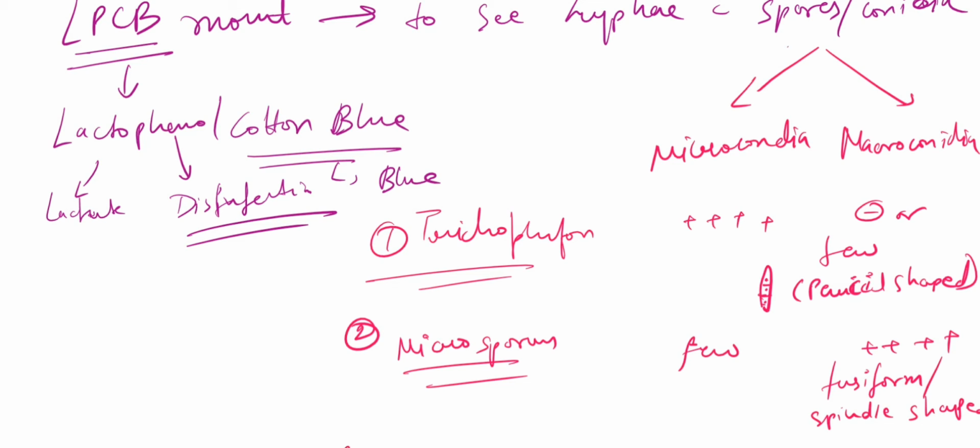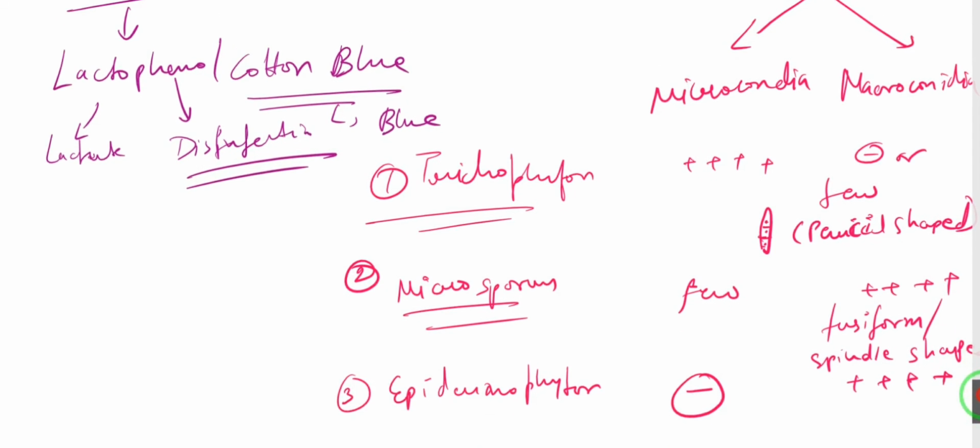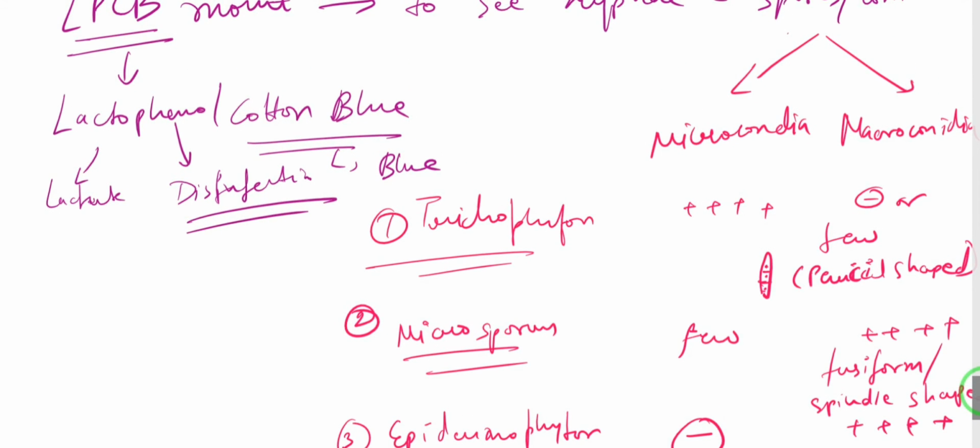And in case of Epidermophyton, the microconidia are always absent. You will never see any kind of microconidia in Epidermophyton, and the macroconidia are obviously going to be numerous, and they will be club shaped. They have a specific shape. Okay, they will be club shaped.